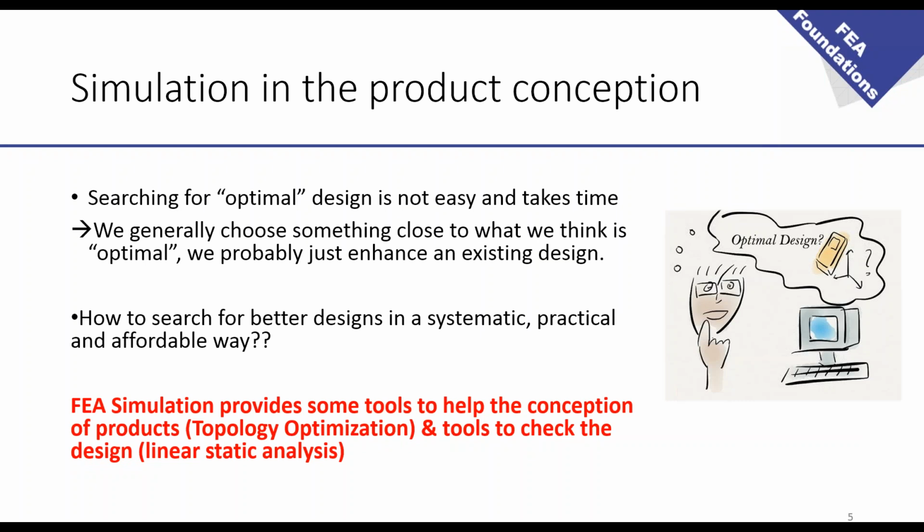As I was saying, searching for the optimal design is not easy and it takes time. So we generally choose something close to what we think is optimal, but what is happening a lot is that we simply enhance an existing design. We take something that exists and say, oh, I'm adding some mass here, I'm adding some part here. Oh, now this is a new design.